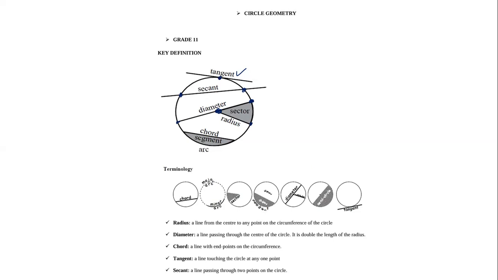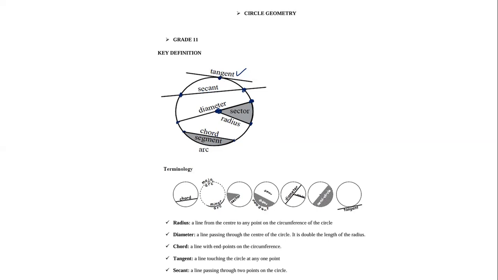And therefore, we have what you call a chord. Now, what is a chord? A chord is a line that touches circumference to circumference of the circle. But be careful, the chord is different from the secant. How? The chord doesn't go outside of the circle, but the secant goes outside of the circle.